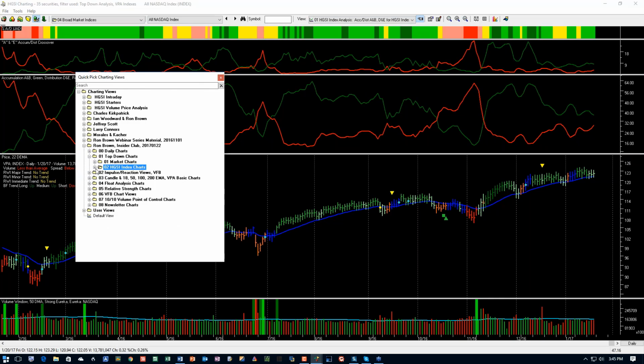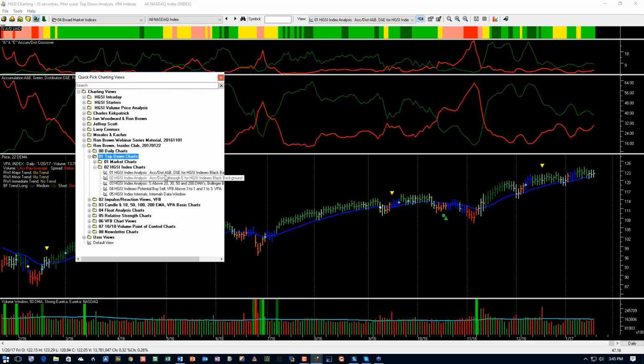If you go into your charts, the top-down charts, and you use the HGSI index charts, this is for any index which is created with HGSI. And I go through these daily, and what I'm looking for is evidence of accumulation or distribution.